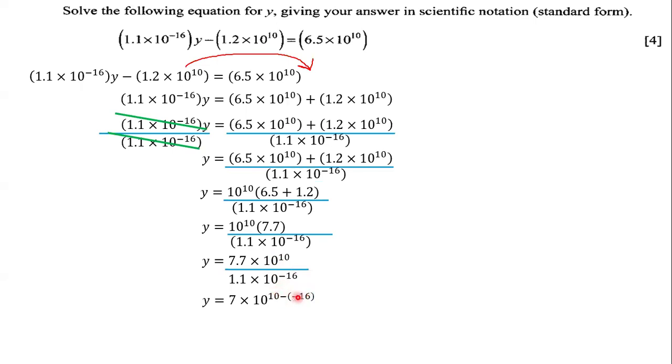Now, what is a negative times a negative? Well, a negative times a negative is a positive. And so we have 10 plus 16, which is 26. And so that means that y is equal to 7 times 10 to the power of 26. And this is our answer expressed in scientific notation or standard form.